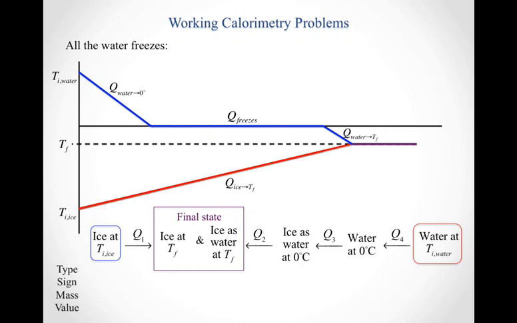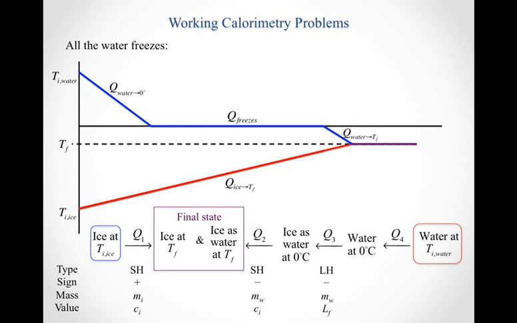So we can characterize what these processes are. Q1, of course, is the ice changing temperature, so it's a specific heat process where the ice is taking in energy. Q2 is also a specific heat process. It's where the ice has gone from 0 degrees Celsius to the final temperature, so it's giving up energy. All of the water is included in that, but it's changing temperature as ice now, so I have to make sure that I've got the right specific heat value.